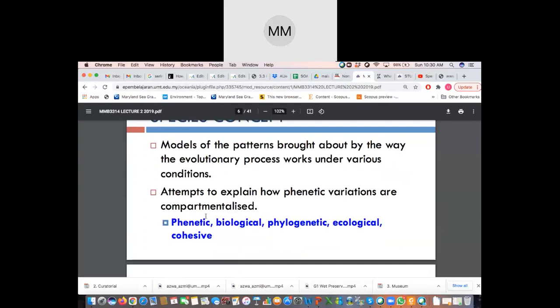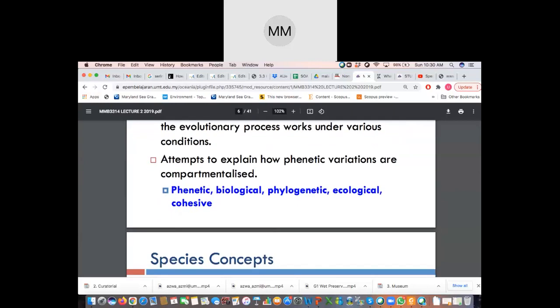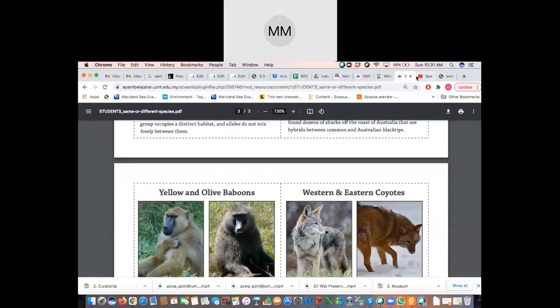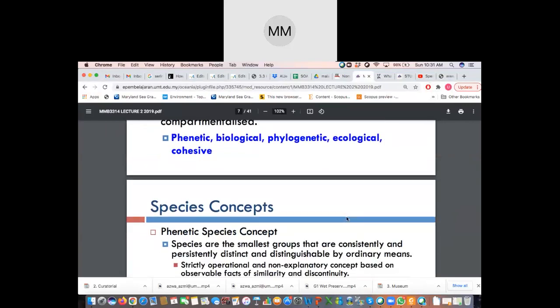However you want to give these different forms of definitions, it is based on the species you're working with and how you want to define things. So you have phenetics, biological species, phylogenetics. These are just some. Let's go through some of the ones here.